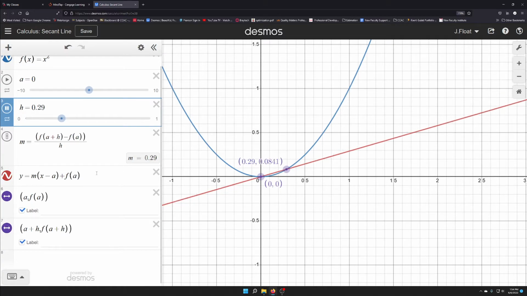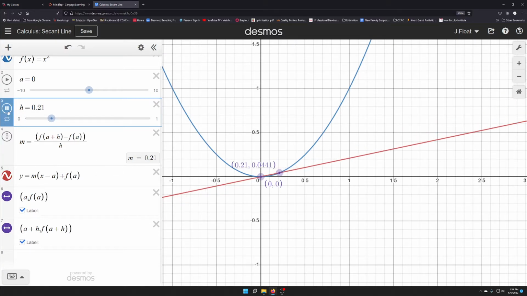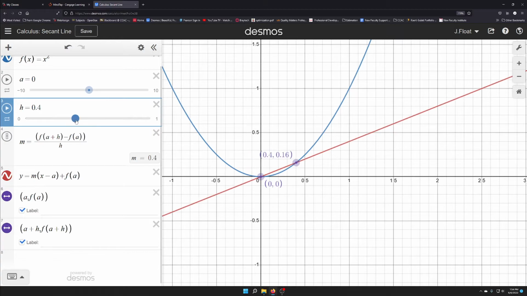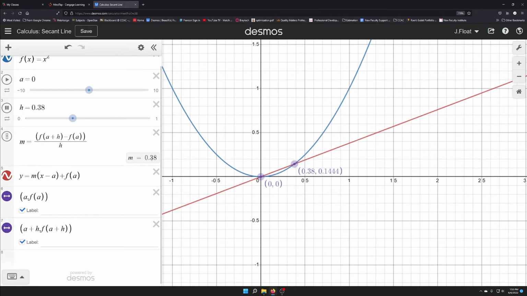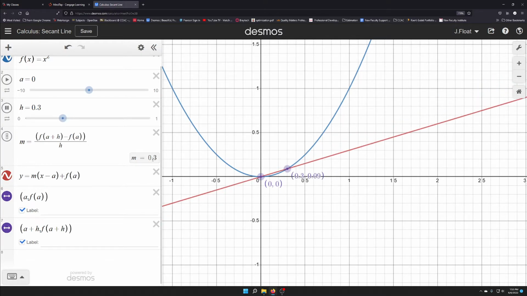Let me pause this. I want you to look at the letter M and think about what number it is approaching. Not what number it is, but what number this letter M is approaching, just like a limit. As you can see, this M is getting smaller and smaller.